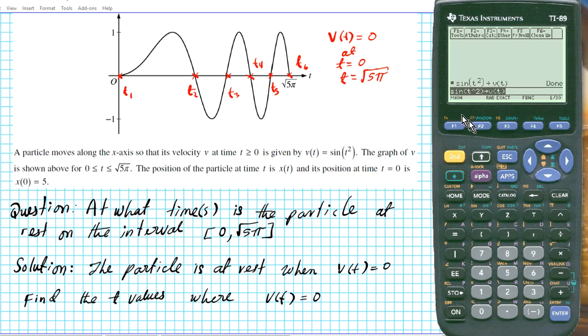So are we sure if the storage has occurred? Let's go ahead and check. We're going to call up function v of t, and it returns sine t squared. So we've already stored sine t squared in v of t. So the question might be, why are we going through all this headache or problem to store the function first before proceeding with the problem?